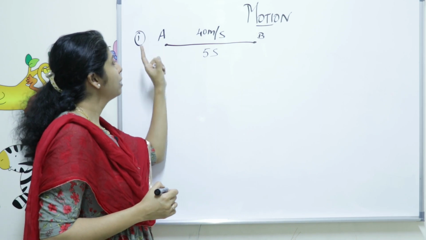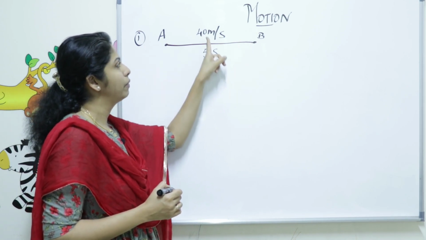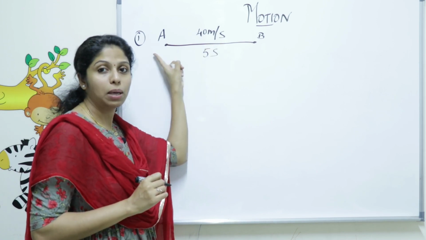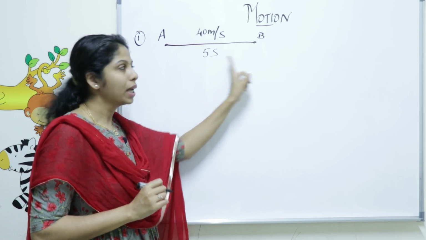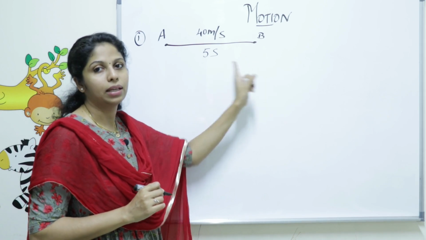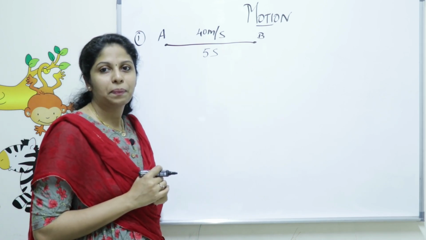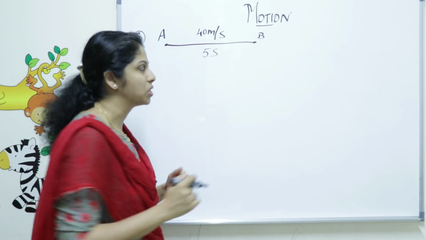That is 40 meters per second throughout its travel. So, the object is moving with the same constant speed. In that case, what will be the acceleration? Let us substitute in the formula and find out.